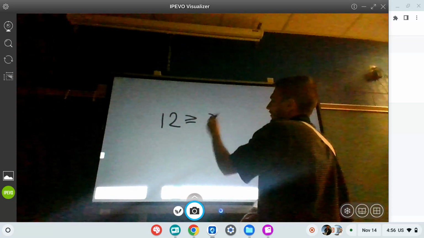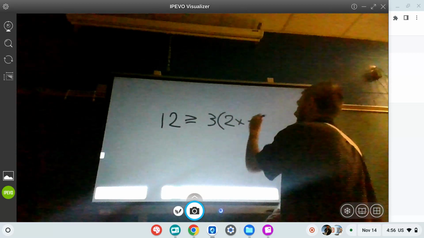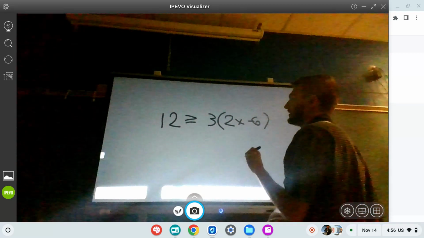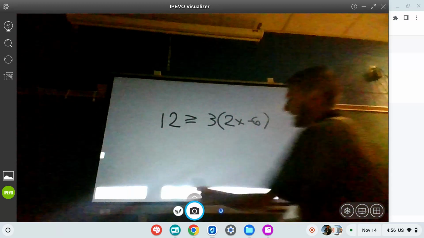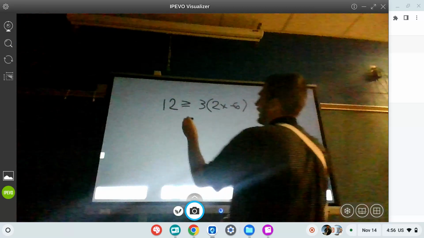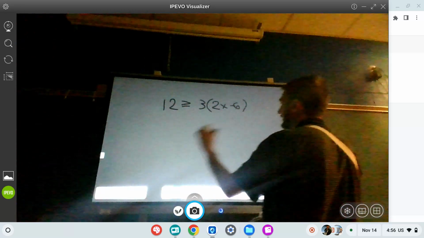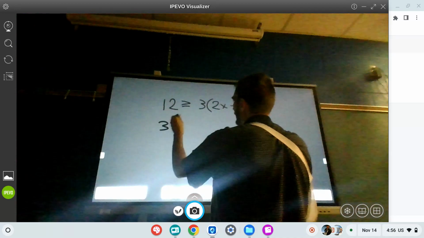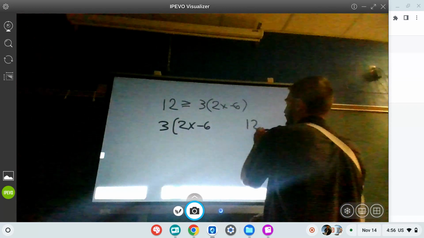We've got 3 parentheses 2x minus 6. For this question, right away I'm noticing, yuck, x on the right. I need to rewrite this. So, flipping this around, I'm going to rewrite this, not doing distributing yet. Rewriting it first. 3 parentheses 2x minus 6, 12.